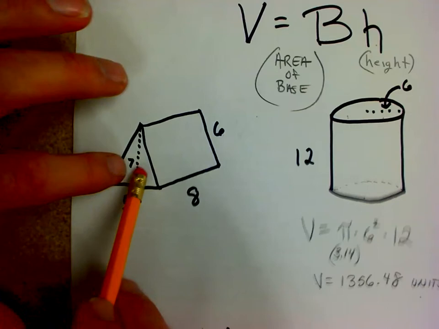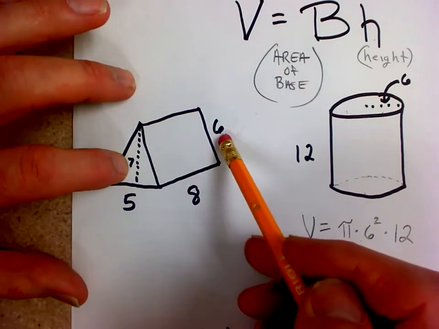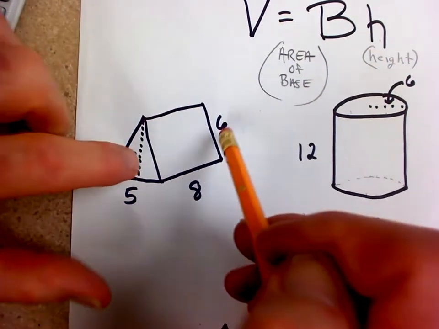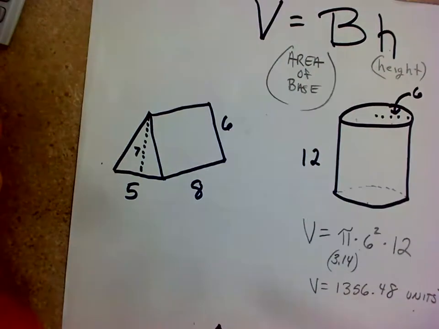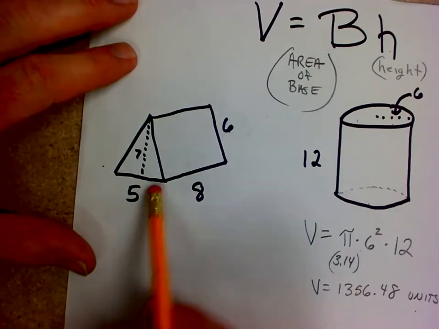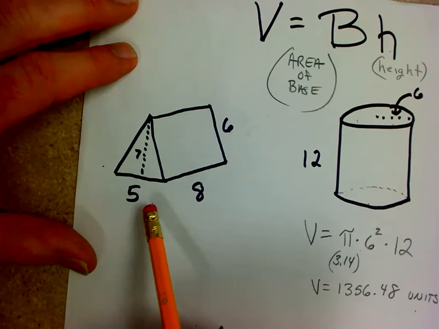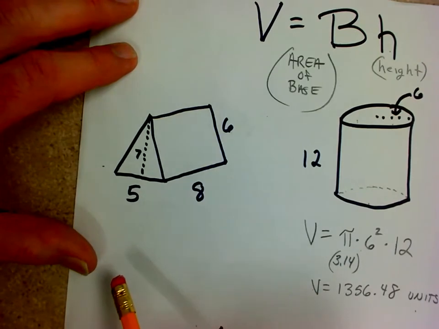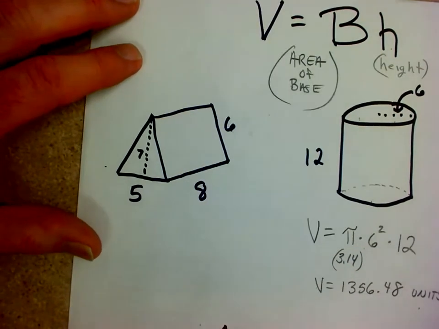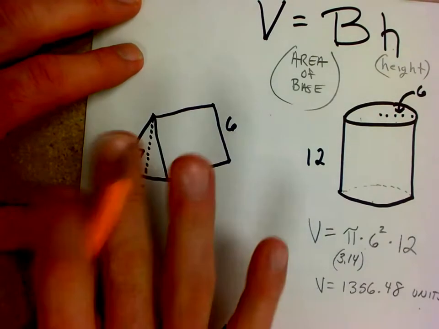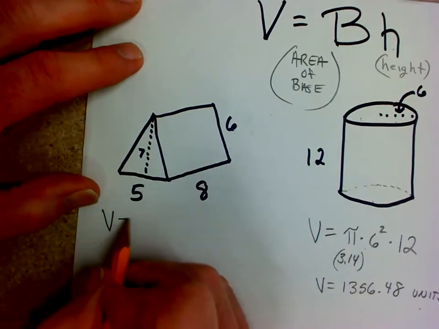There's a triangle in the front and there's a congruent triangle in the back. Therefore, they're parallel to each other. We can define those as the bases. The bottom, there's not another one on top opposite that, so that is not considered a base. So that's what we have to keep straight: where's the base. In this case, it's the triangle.